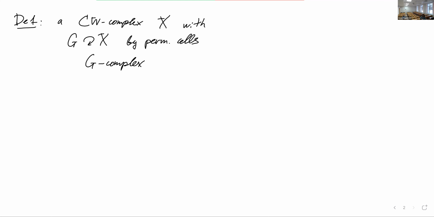So I also think that it is worth noting that usually a G complex is the one where all stabilizers of cells are trivial. Otherwise, it becomes quite complicated. But maybe in your definition, it's not the case.